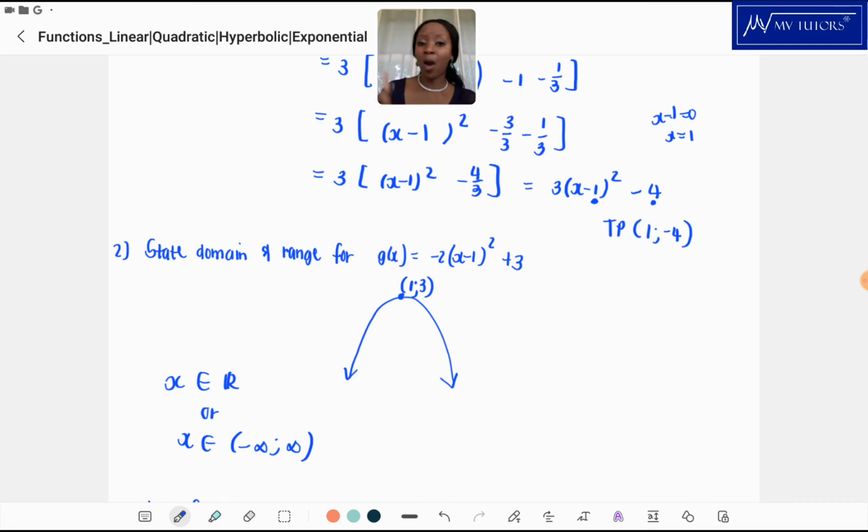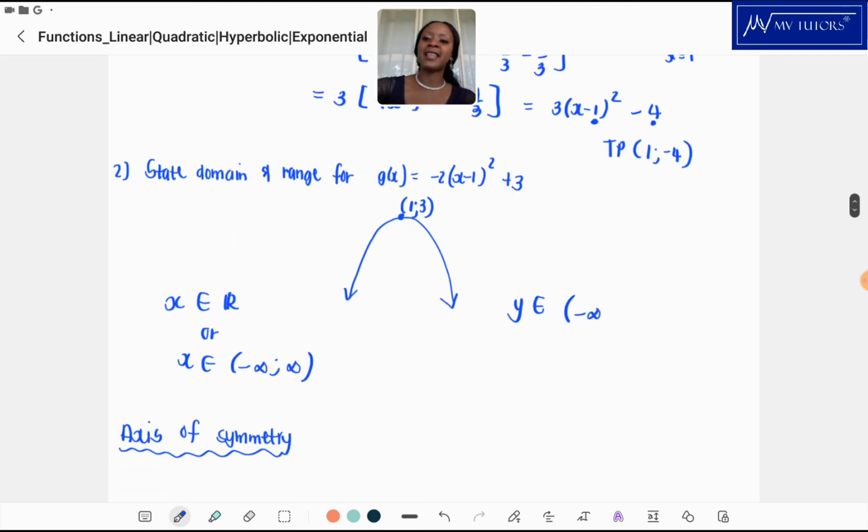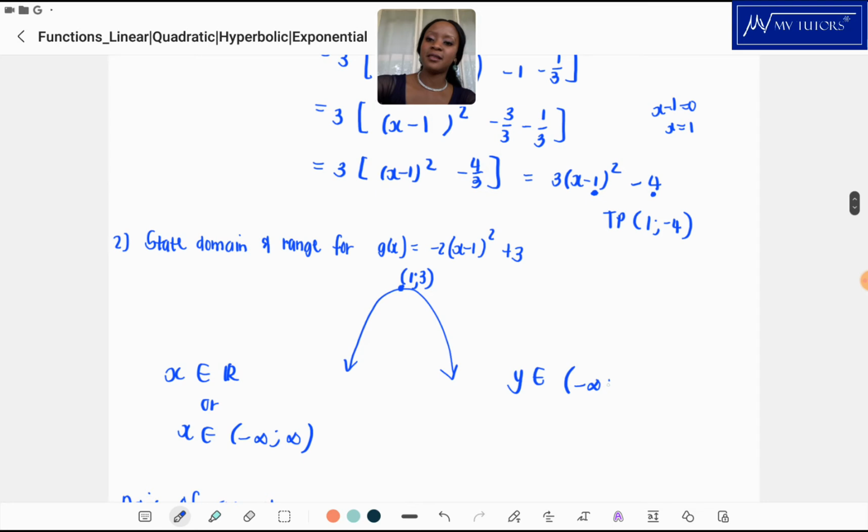Remember I told you with the parabola, you can never have y is an element of R. Never. So y is an element of negative infinity, because it starts from negative infinity and then it ends at 3. Sorry, it ends at 3. Okay, cool.